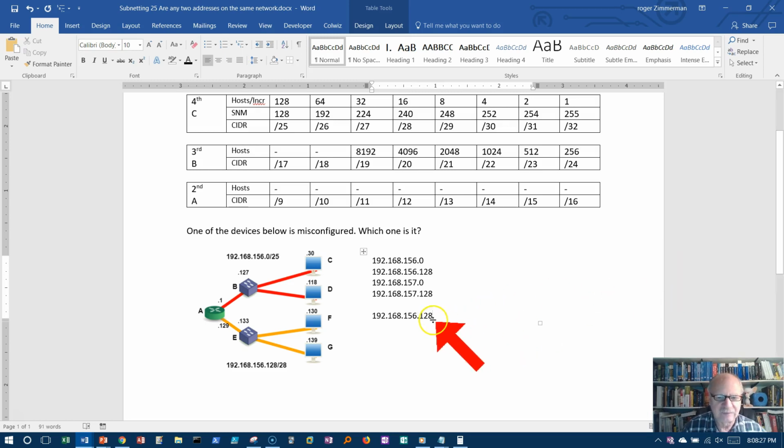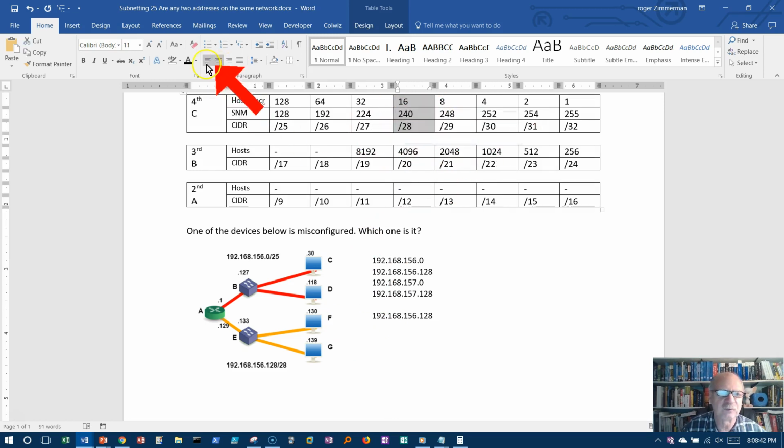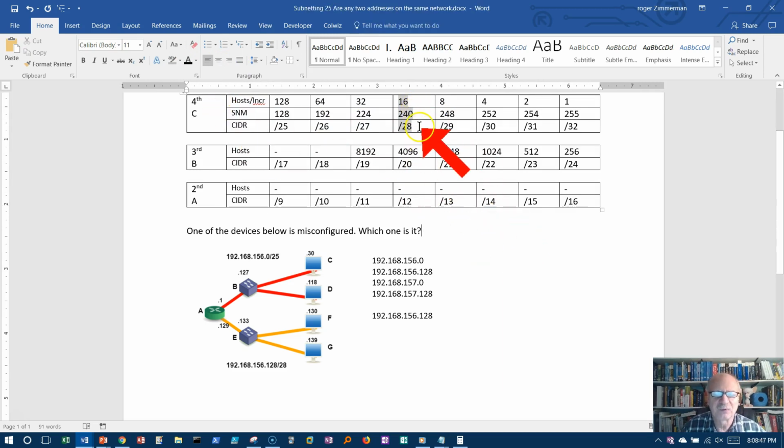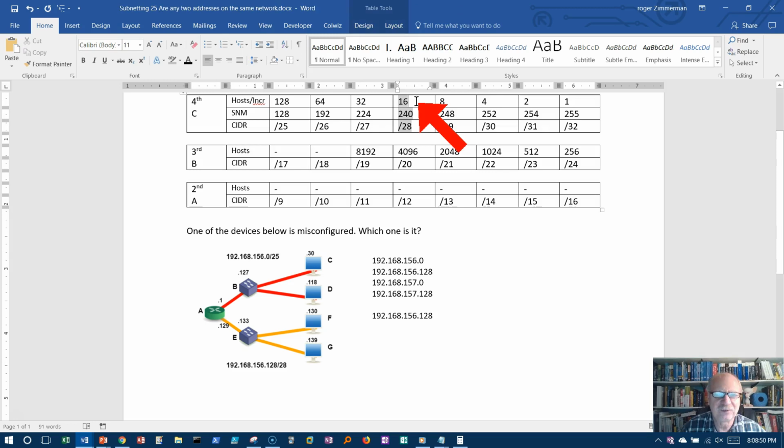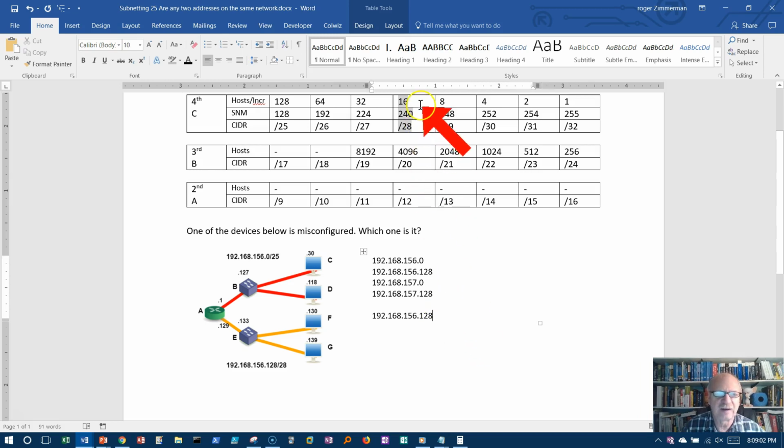192.168.156.128. We know that that's a valid network address because it's one of them in this series. We're doing it by 16s. I should mark that so I don't get lost. So by 16s in the 4th octet. As long as we're staying in these hosts, we can jump ahead and then go by 16s after that.